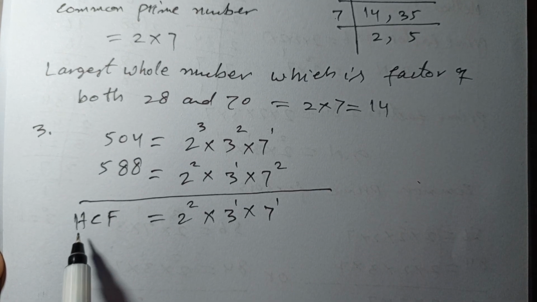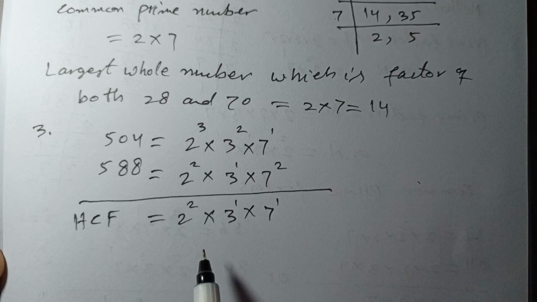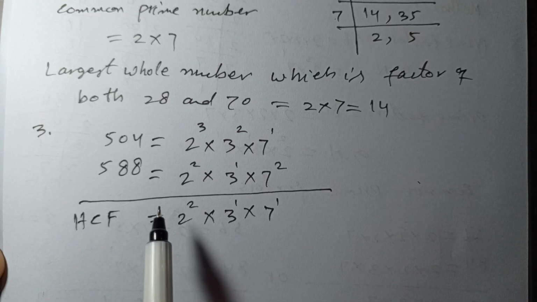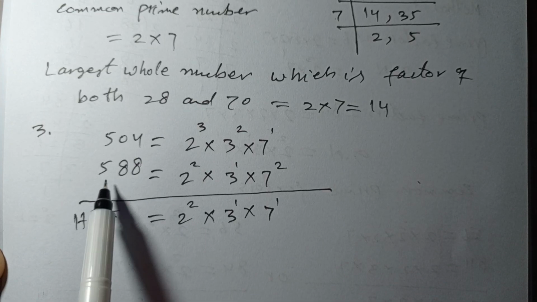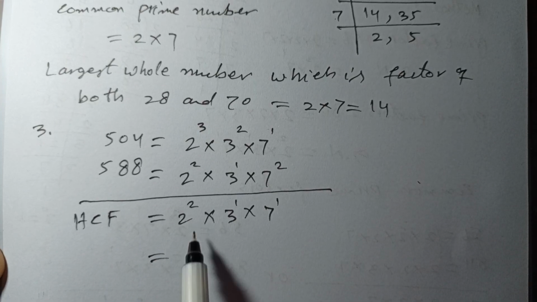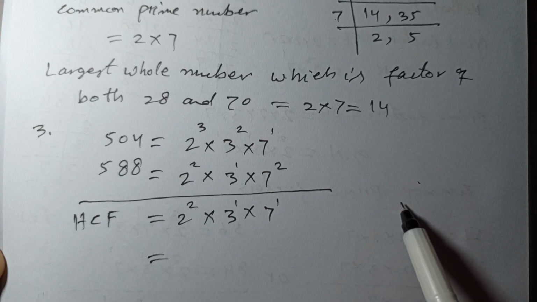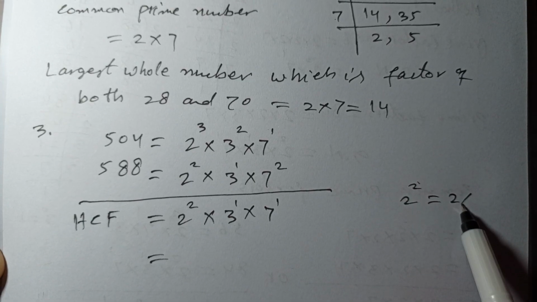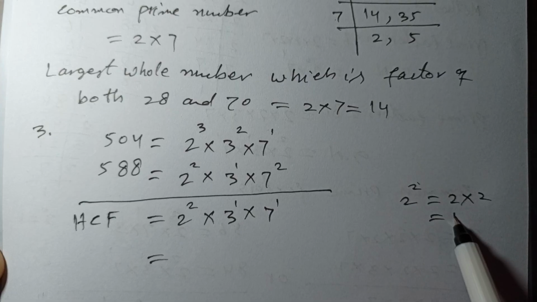You can also call highest common factor as greatest whole number, which can divide both the numbers 504 and 588. Now see here 2 raised to power 2 means 2 multiplied by 2, that is equal to 4.